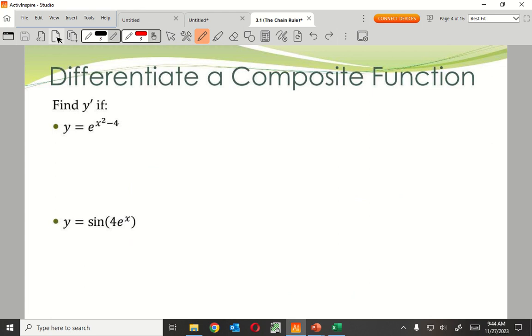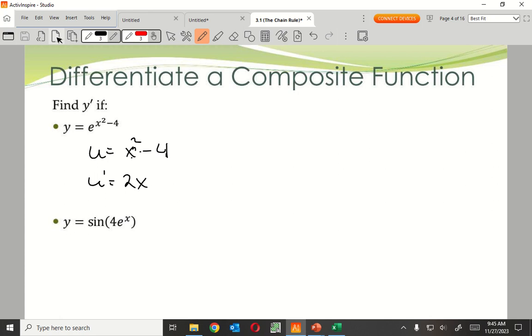All right, now identify the u on this next one. What's the u? X squared minus 4. So I'm going to say that u is x squared minus 4, and u prime is 2x.